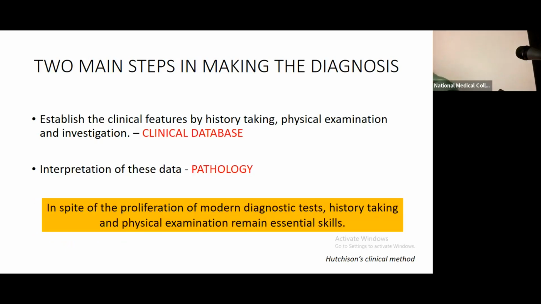But despite the proliferation of modern diagnostic tests, irrespective of how many tests you have, history taking and physical examination remain the essential skills. So your diagnosis should be made after the clinical history and physical examination. You should not depend on, let me see the MRI report, that will help me in the diagnosis. At least the differential diagnosis should be made once you have seen the case.